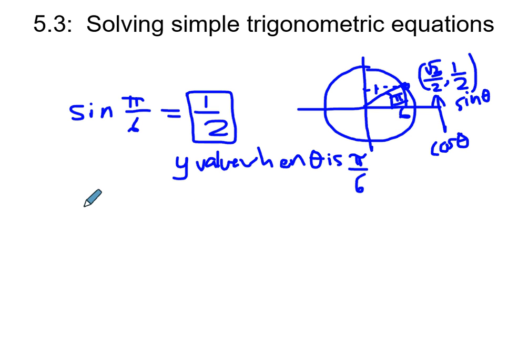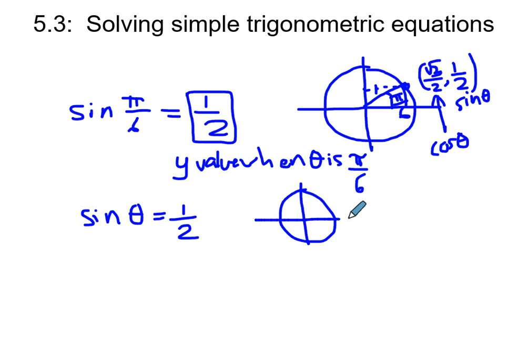So if I'm asking you to solve this simple equation, if I'm telling you that sine of theta is 1/2, what do you have to do? You have to go in your trig circle and check when the y value is equal to 1/2. It would be here. So you have to figure out what are the two angles that are here.